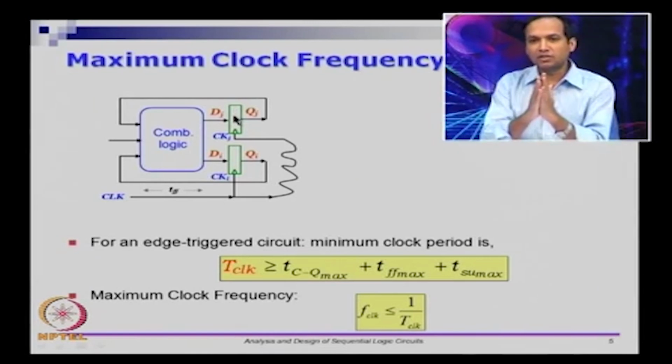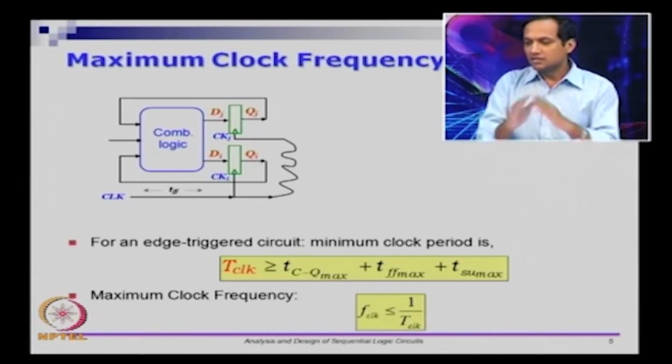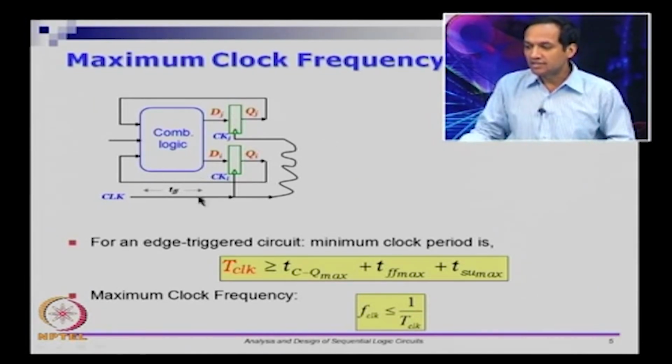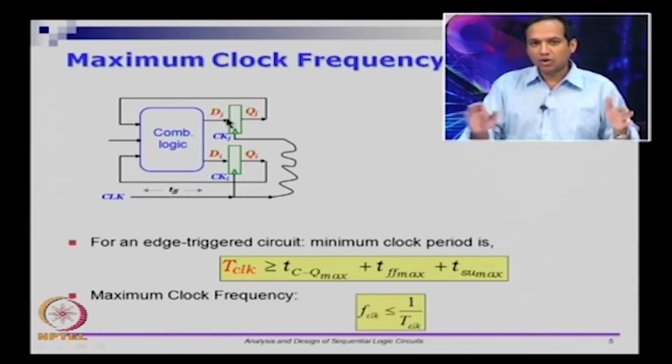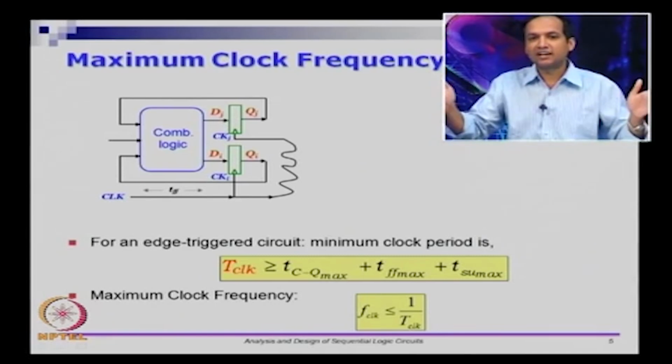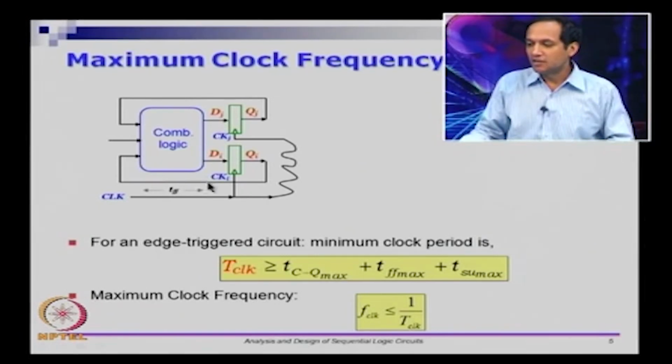If I add all of that together, any change in here will take at least so much time to appear here, which means my clock width should be greater than that, so that to get from the current state to the next state, I have at least so much time accounted for. So I have to delay the clock pulse by at least so much time, and that is why you have the greater than or equal to symbol here.